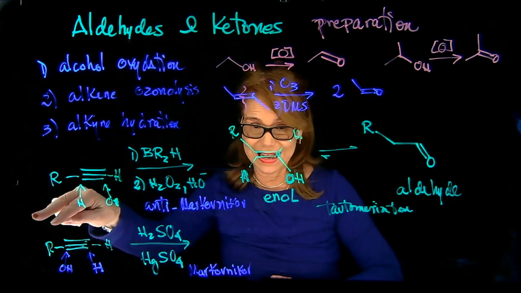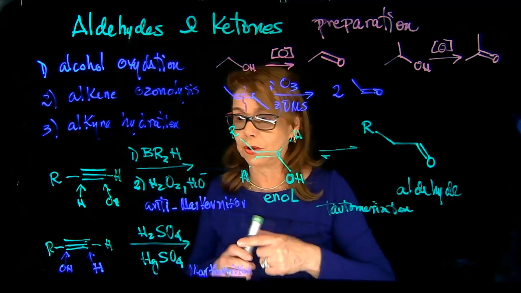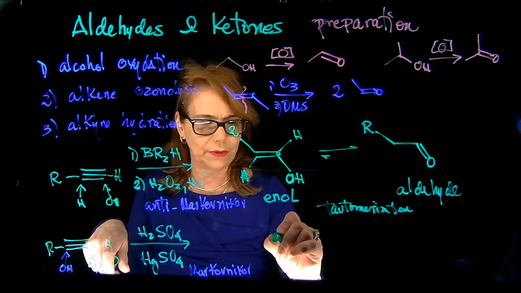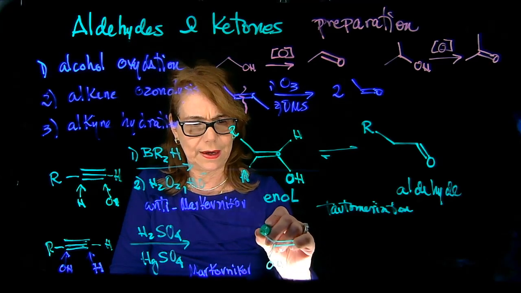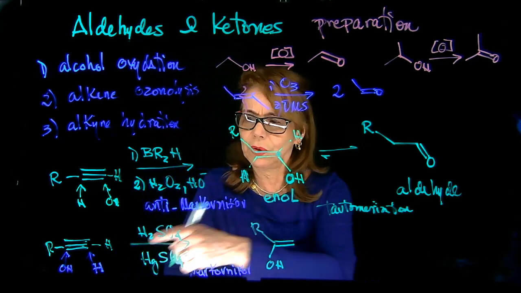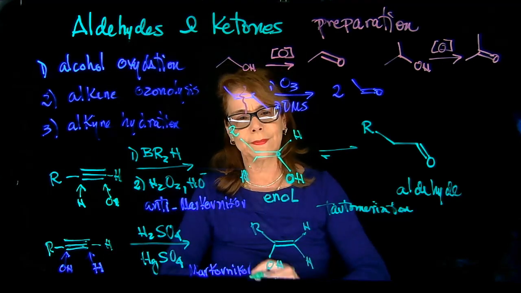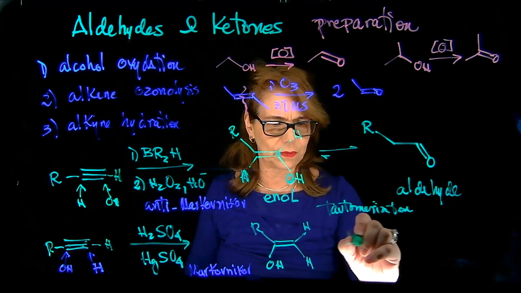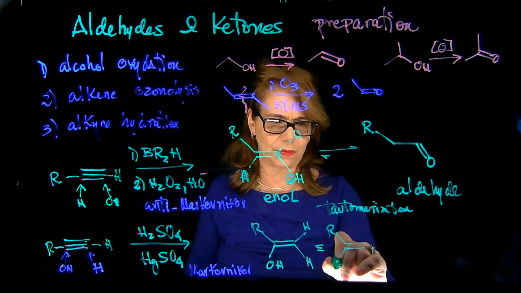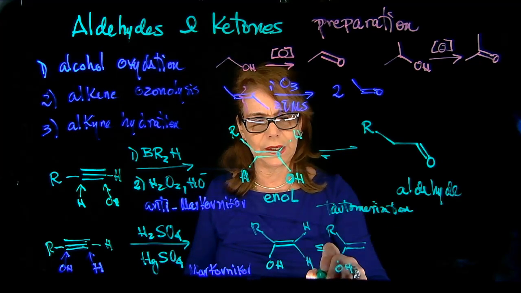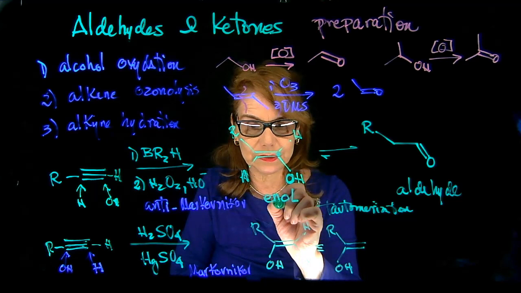And in doing that, I'm going to draw the corresponding enol. I'm going to draw my double bond, and I'm going to have the OH here and R here, and an H and an H. Typically, you simply will see only this. That is also an enol, with OH for the functional group and ene for the alkene.